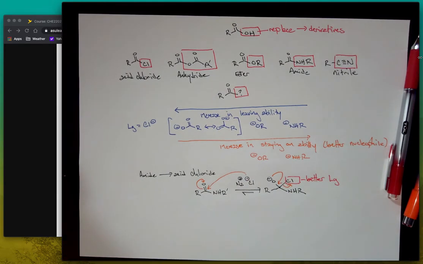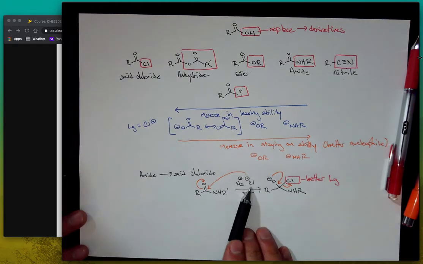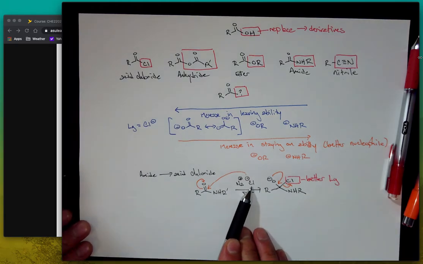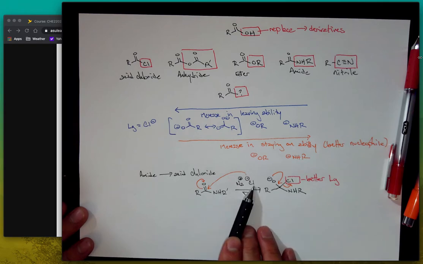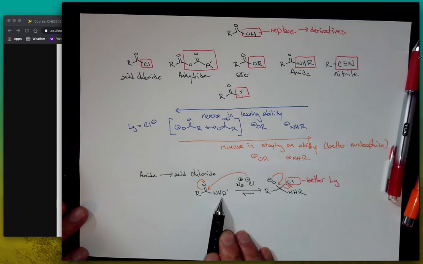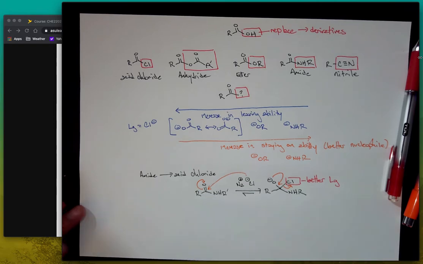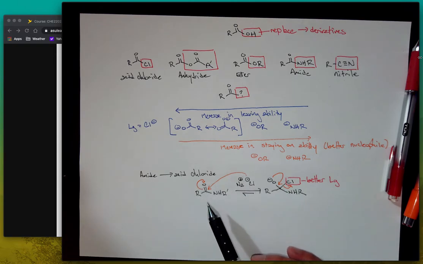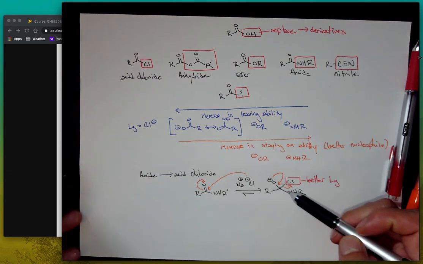Because this is a weaker nucleophile, it will not outcompete the staying on ability of the NHR bond, or the NH carbon bond, and as a result, even if we were to see the chlorine add to the carbonyl, we wouldn't see it stay there, because once that carbonyl reforms, it's going to jettison the better leaving group.